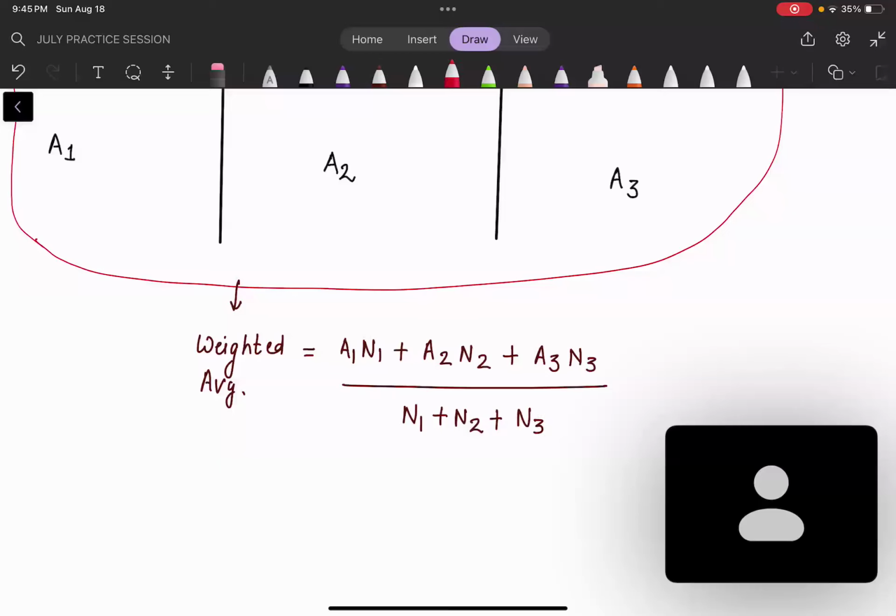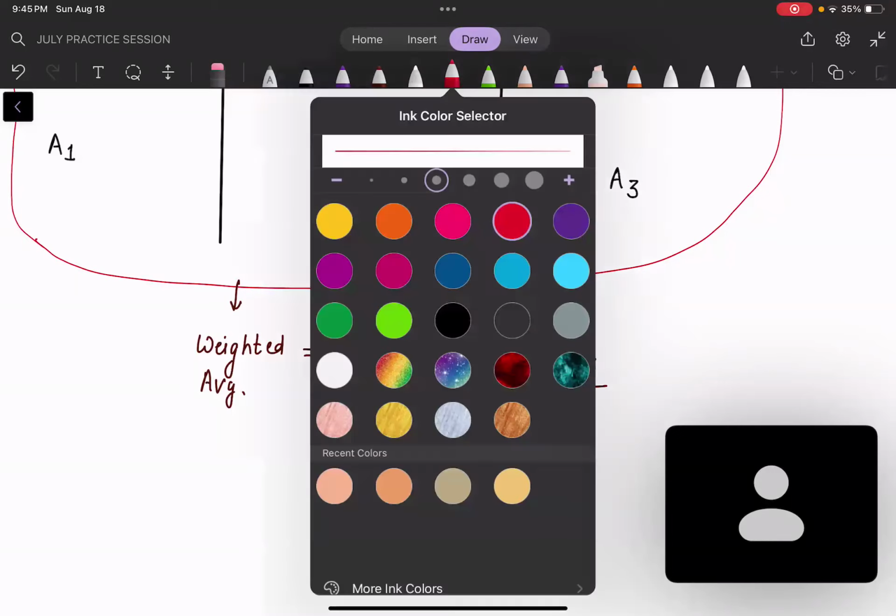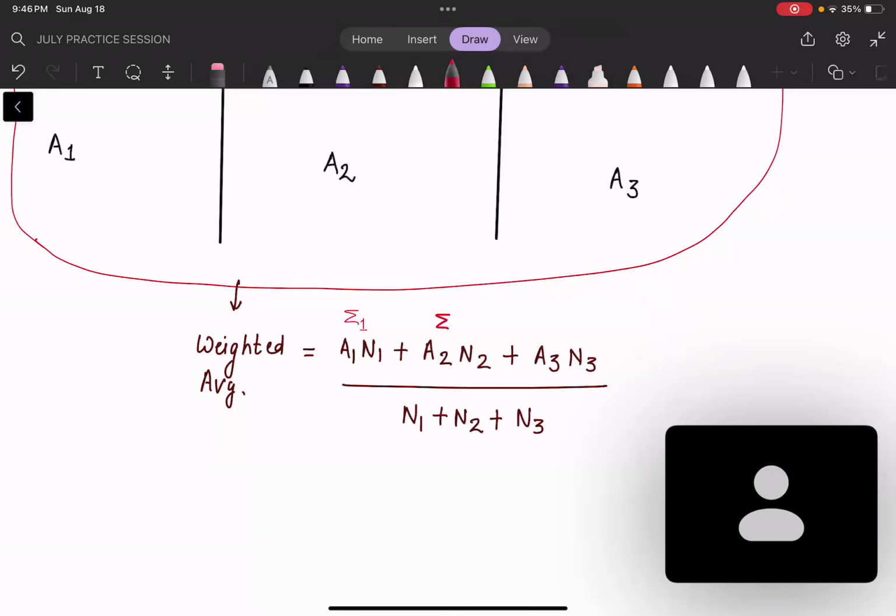If you carefully see, this is your sum. Average is sum divided by total number of objects. So this is the sum of group number 1. This is the sum of group number 2, because average into number of objects is sum. And this is the sum of group number 3. So total sum divided by total objects, that is the overall average.